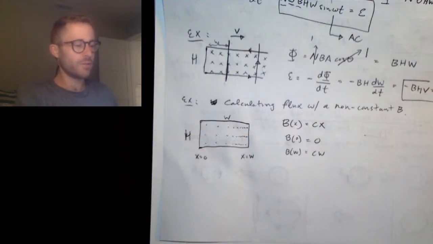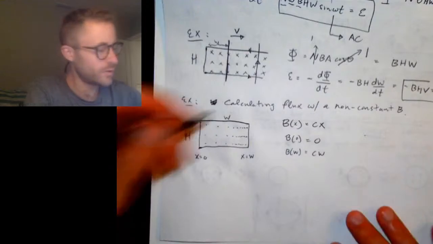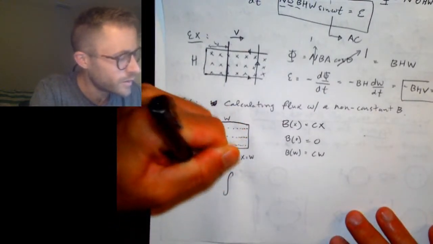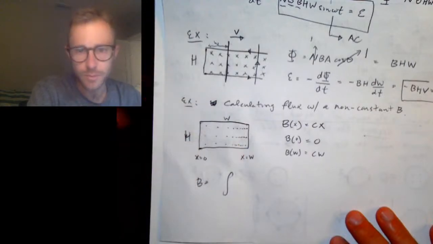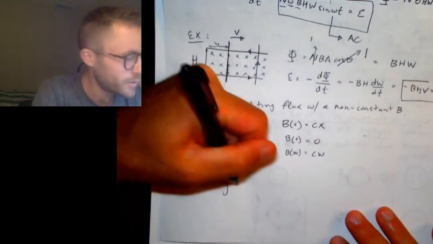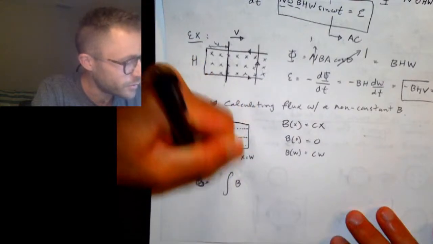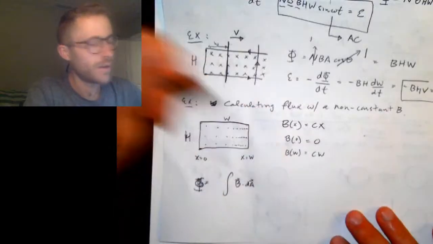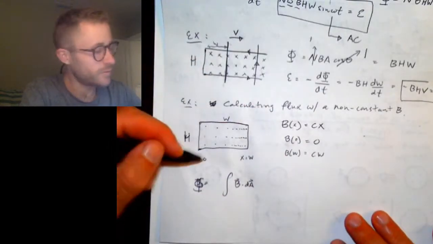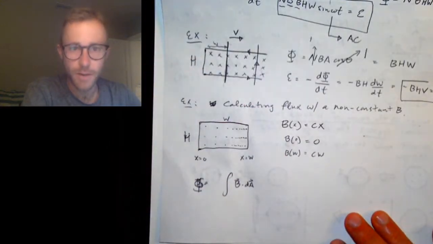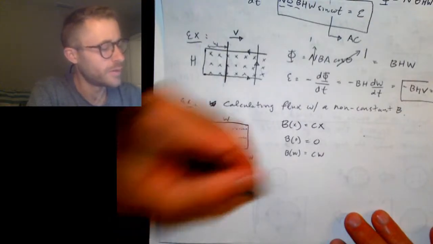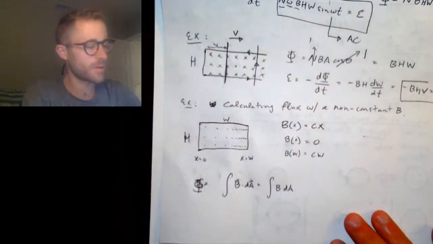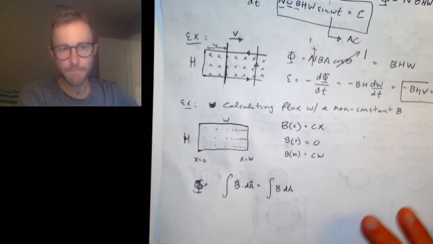So how do we calculate the flux? Well, in this case, we have to use an integral. The flux is B dot dA, and it's one loop, so we won't worry about the factor of N. The field is perpendicular to the loop, so this is just the integral of B dA.